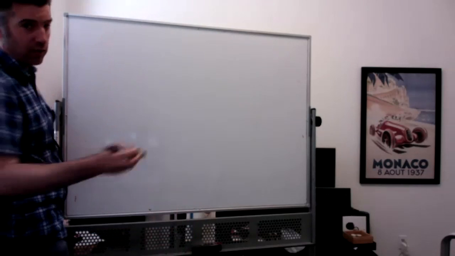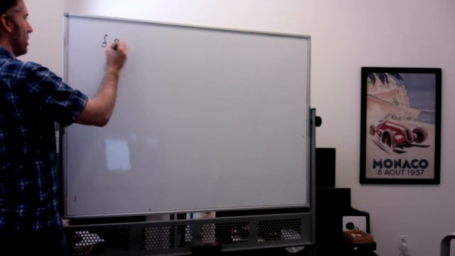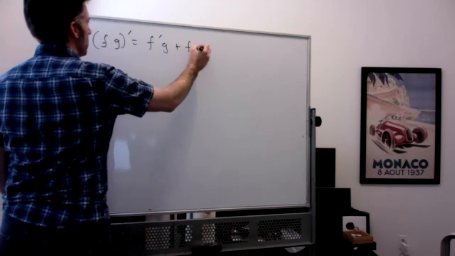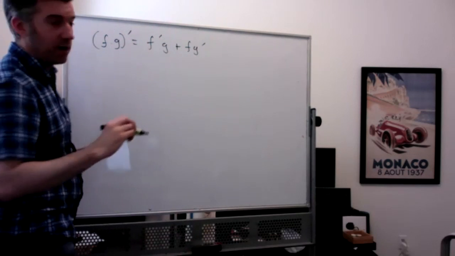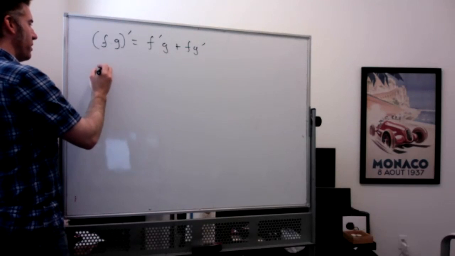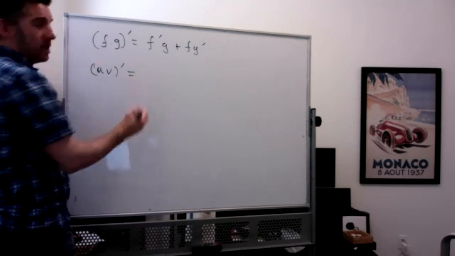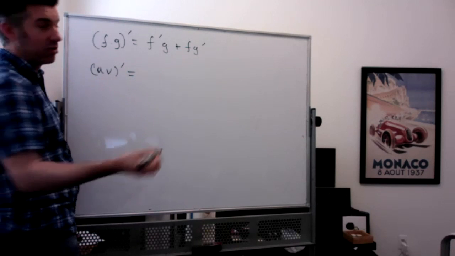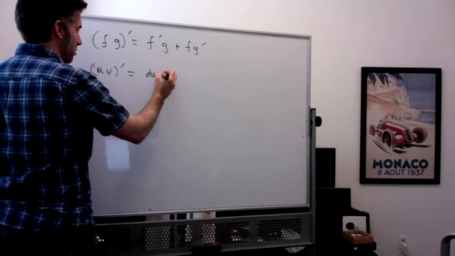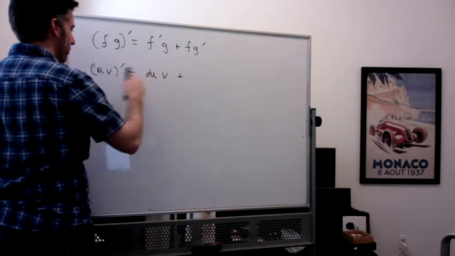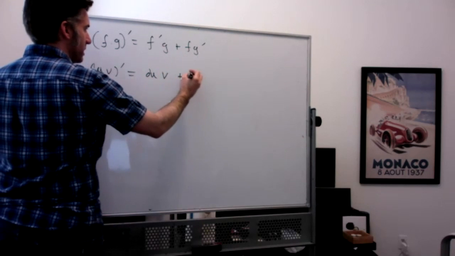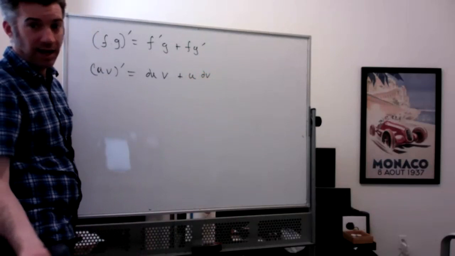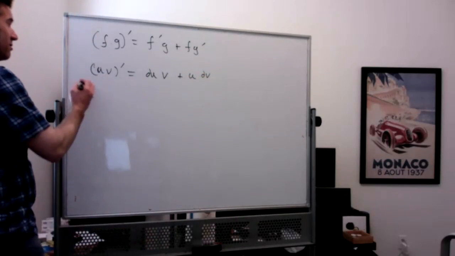So we know the product rule. We know that the derivative of f times g is equal to f prime g plus f g prime. Similarly, I'm going to write that uv prime is equal to, I'm going to write u prime as du, and I'm going to write v prime as dv. Then I'm going to integrate both sides.